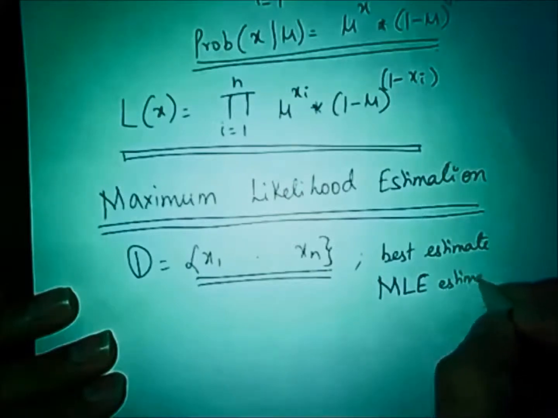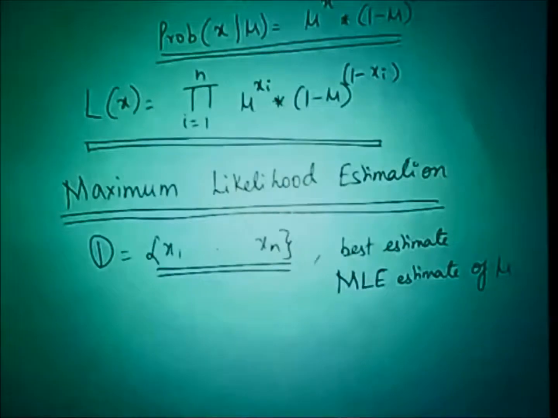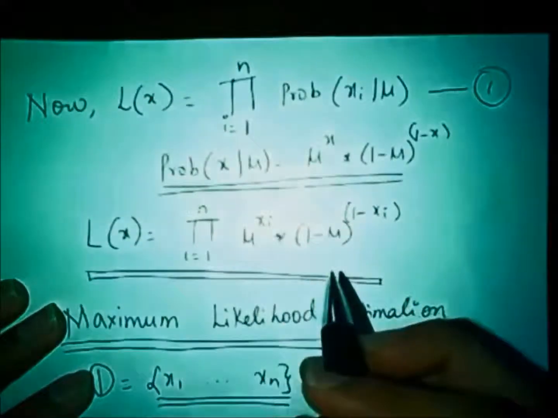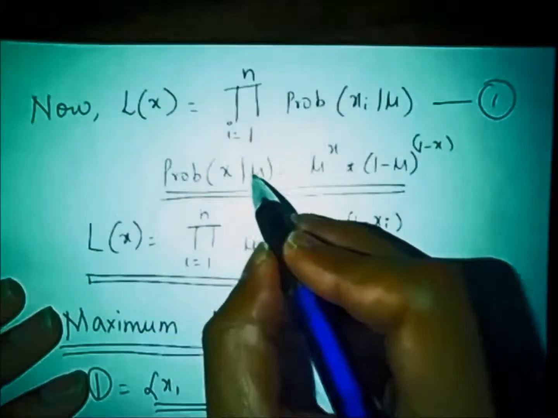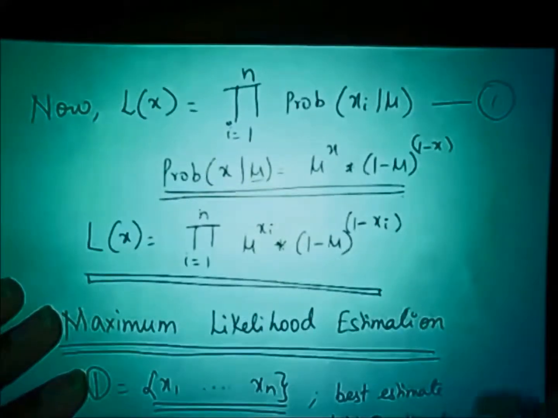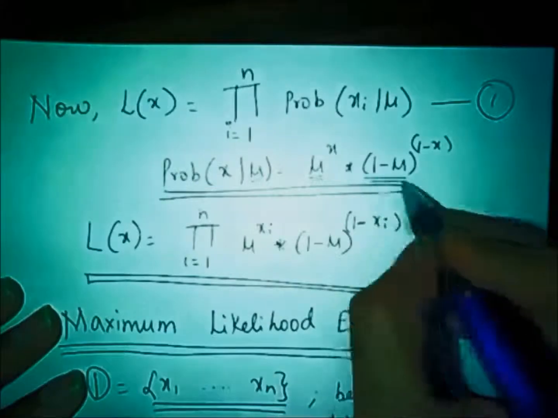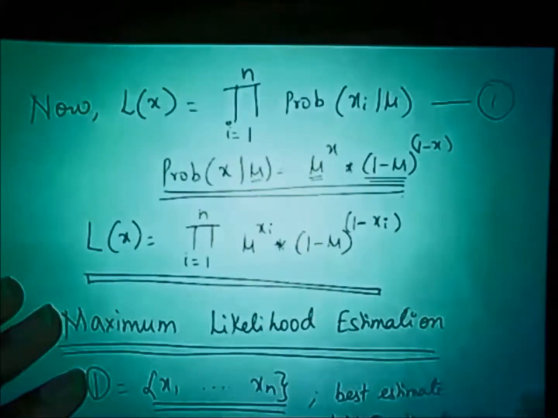Estimate of mu. I told you initially that X is distributed depending on the parameter mu, but we have never gotten a single value of mu. I told you that this is the distribution of X given a parameter mu.